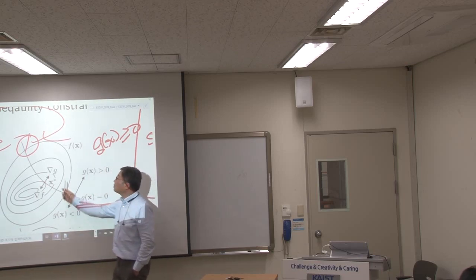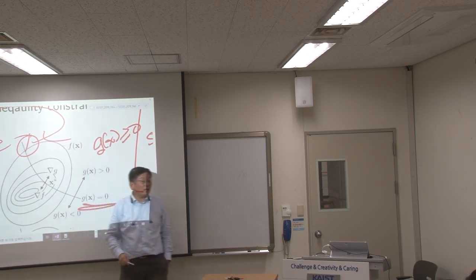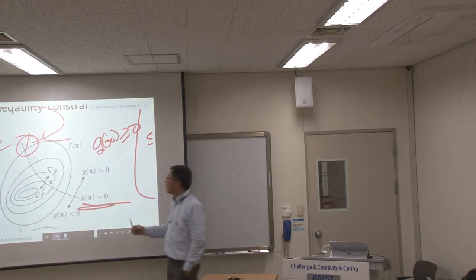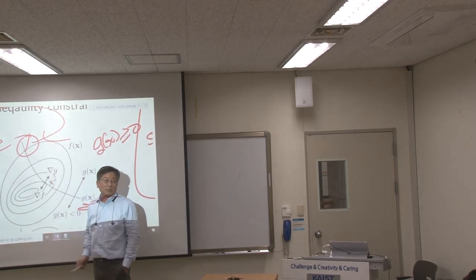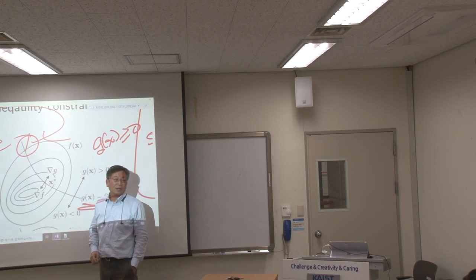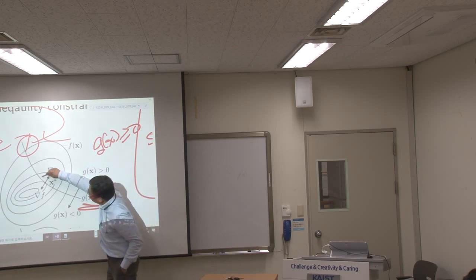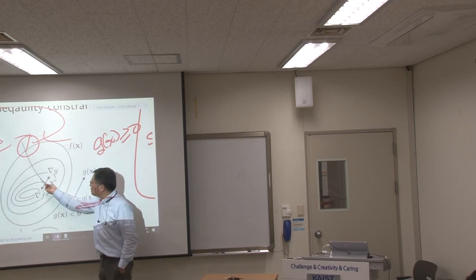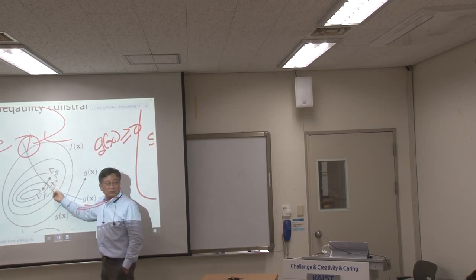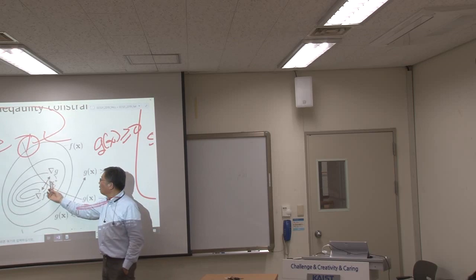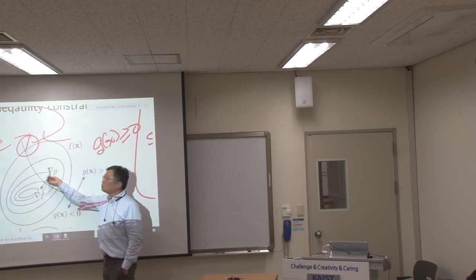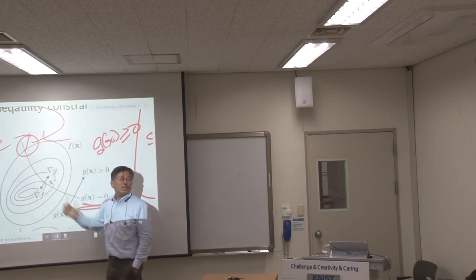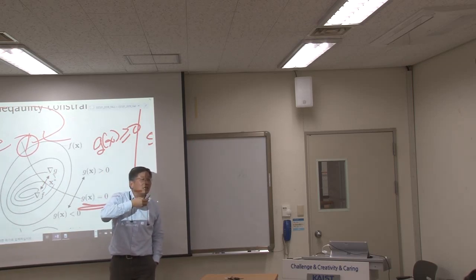Now, we also know that the gradient of g(x) is perpendicular to the contour. We proved that. We go along delta x, and delta x is along the contour. There's no change in value. But what is the gradient of g? It's always in the direction of increasing g, right?